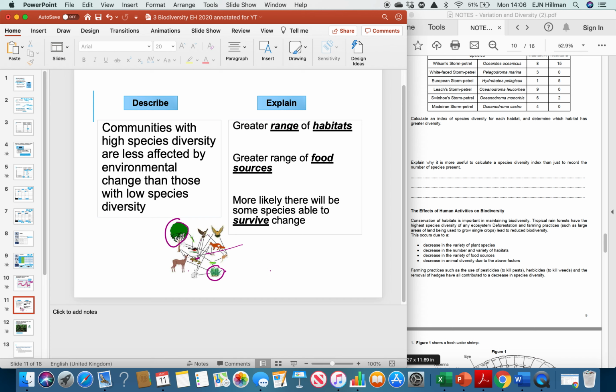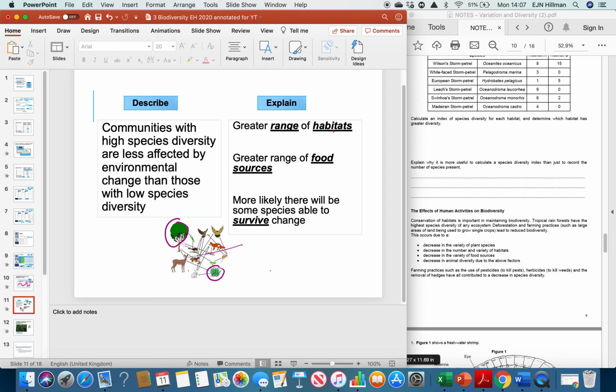If there's an environmental change that affects one of those producers, one of those plant species, there'll be other plant species present in a community with high species diversity to compensate. And therefore the rest of those animals that are dependent upon those producers will be less affected.